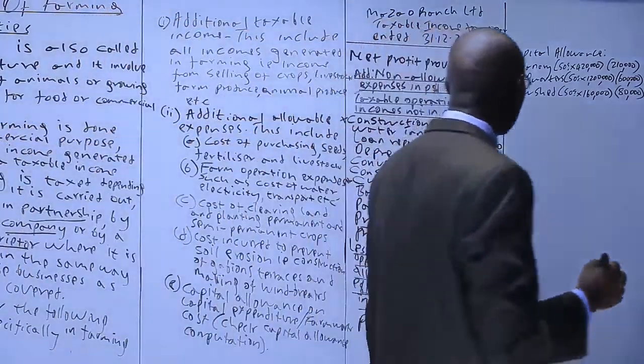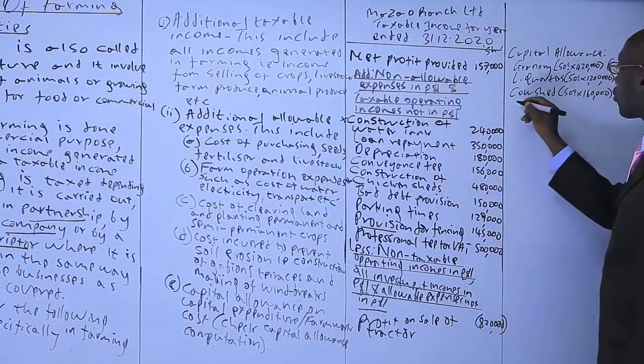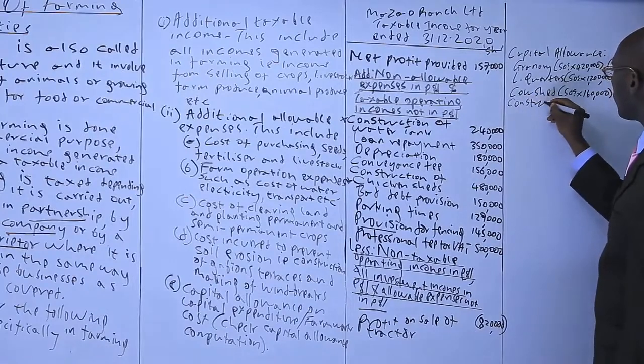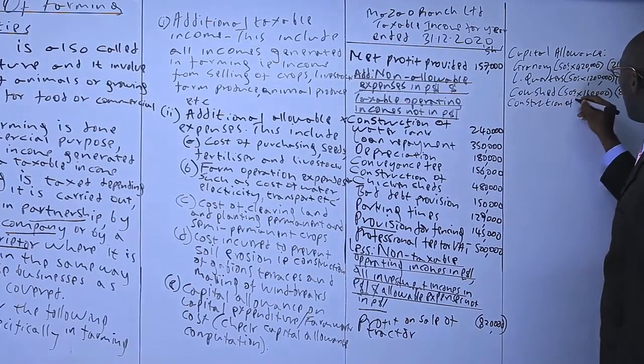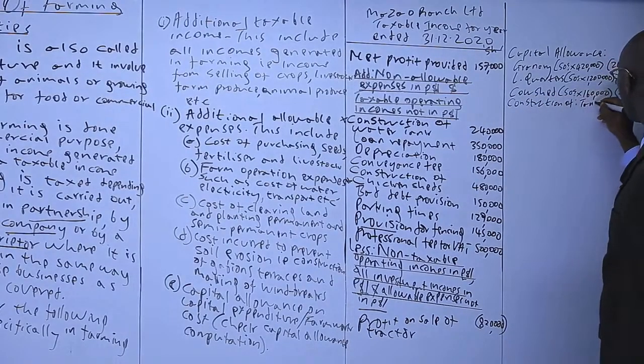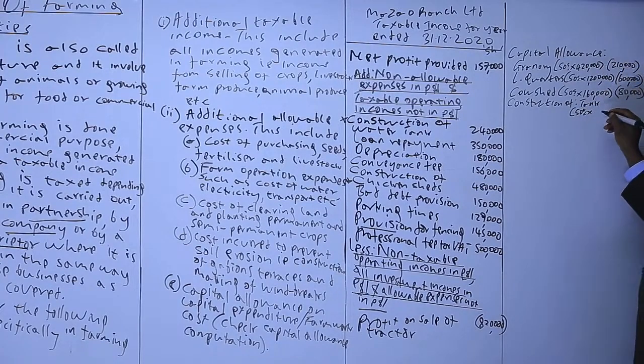So you'll come here, a water tank construction, we have tank, which is supposed to be 50% of 240. That will be 120,000. The other one is chicken shed, construction of chicken shed, which should be another 50%.